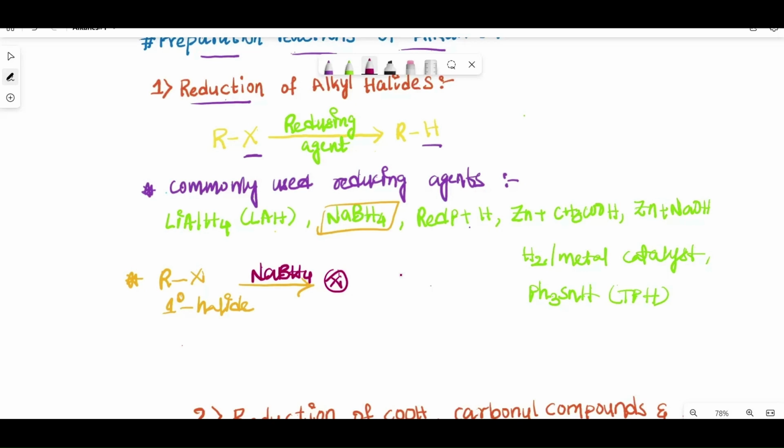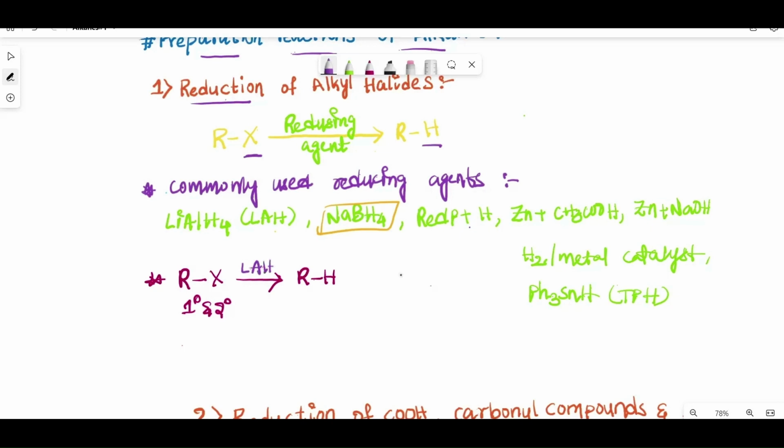And we have one more case for LiAlH4. Let's see that one. In case of LiAlH4, if you take primary and secondary alkyl halides, then you will get alkane. Here we are taking LAH.